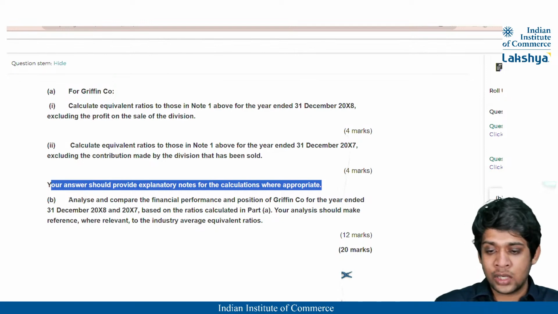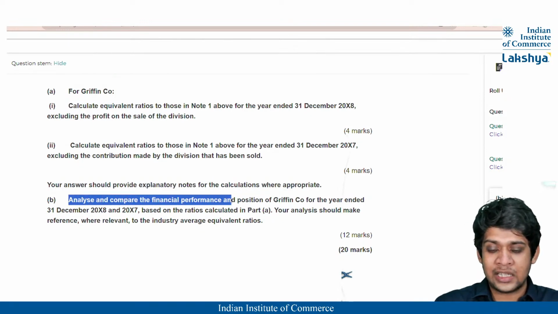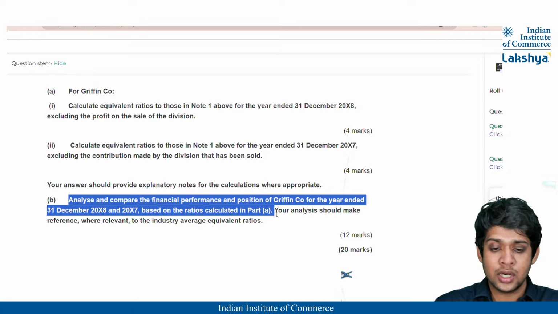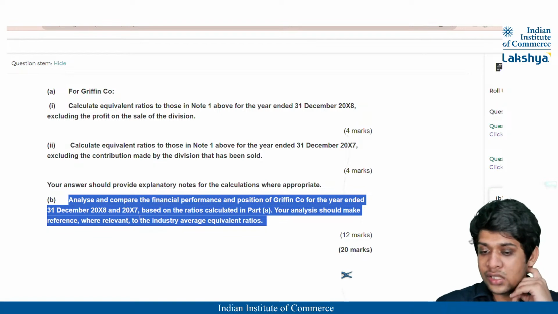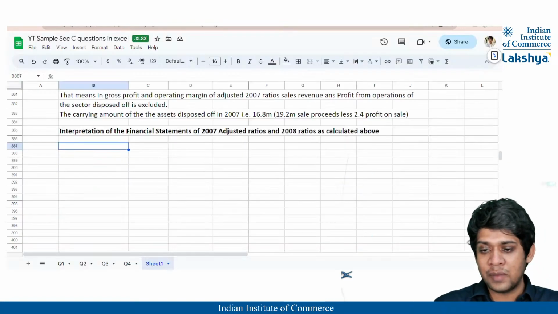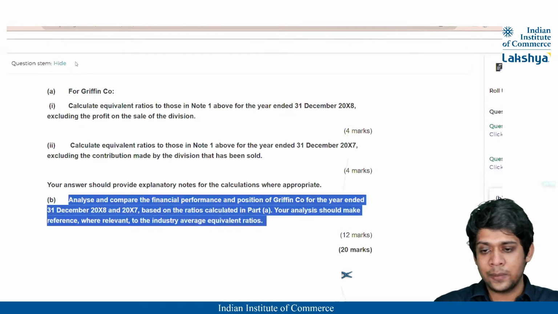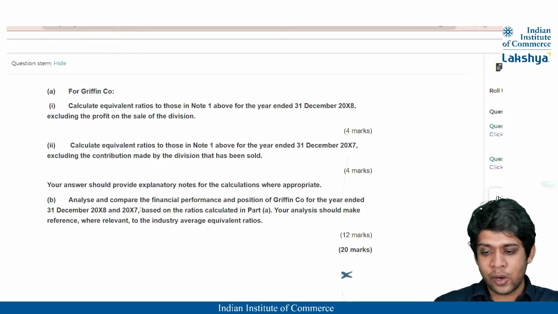Now, in the analysis, what have they asked you for? Analyze and compare the financial performance and position of Griffin Company for the year ended 31st December 2008 and 2007. So instead of mentioning it like this, we can just copy paste this probably.